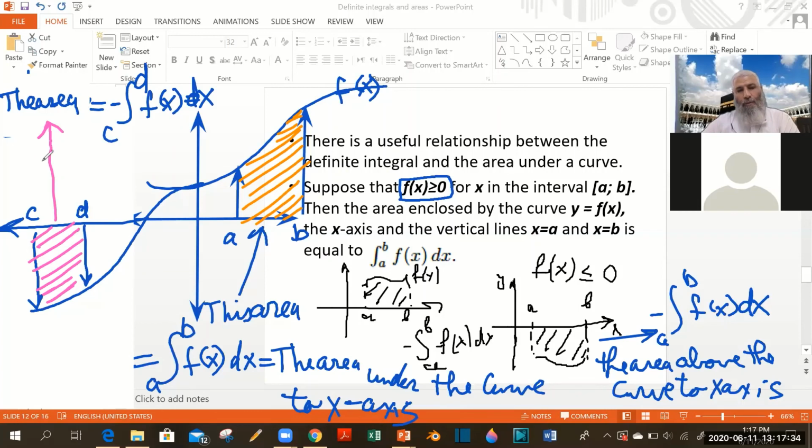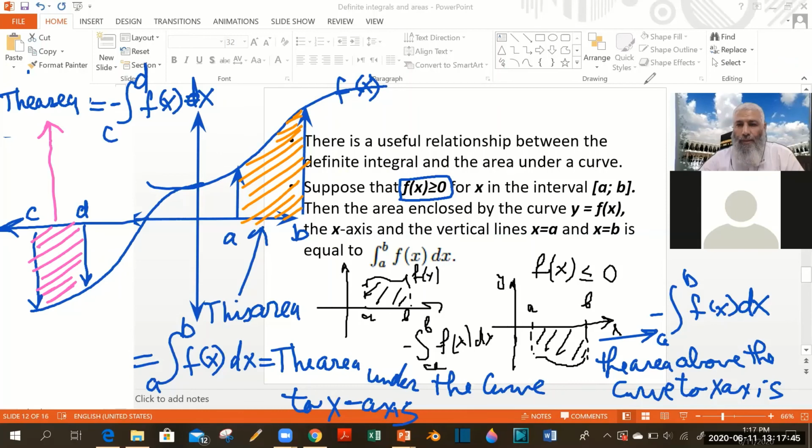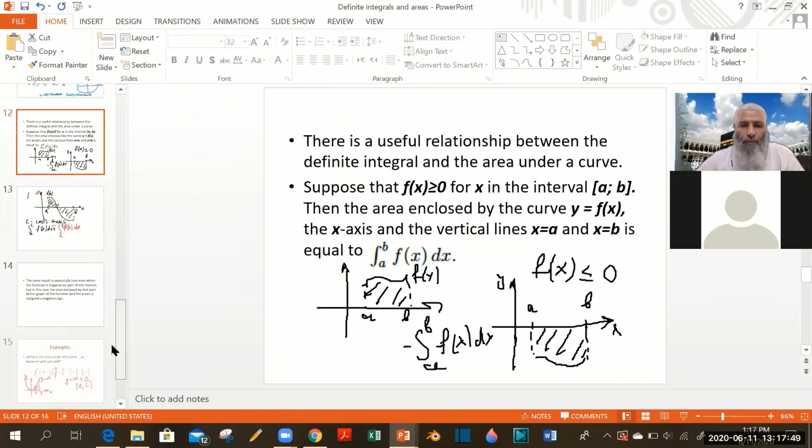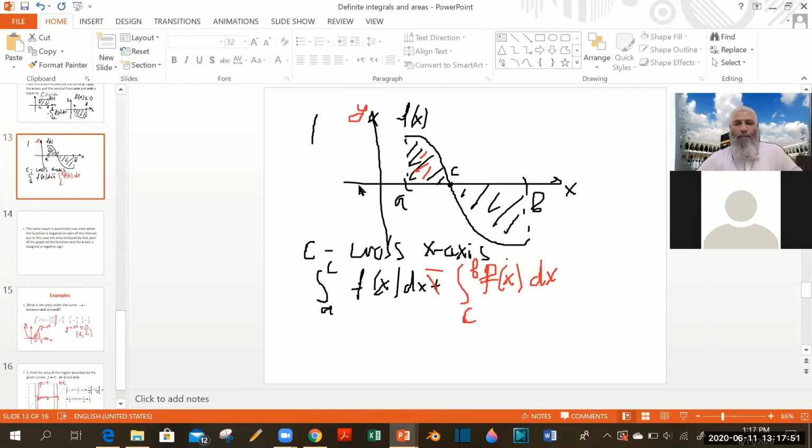But usually in solving problems, there is no need for such drawing. You don't have to draw, but you have to understand what this means. Like here, this function was above the curve and then under the curve.